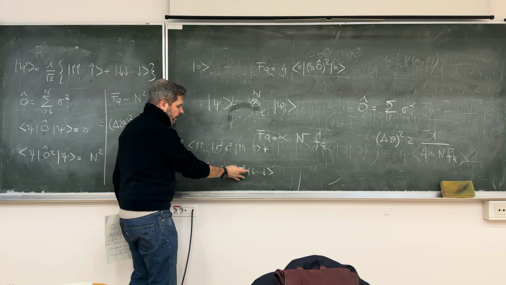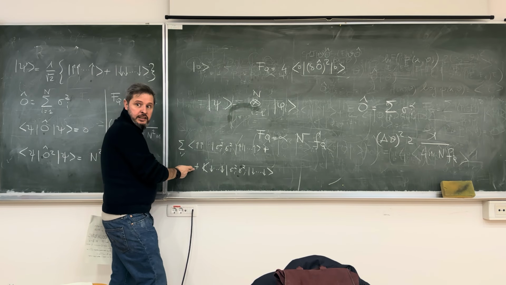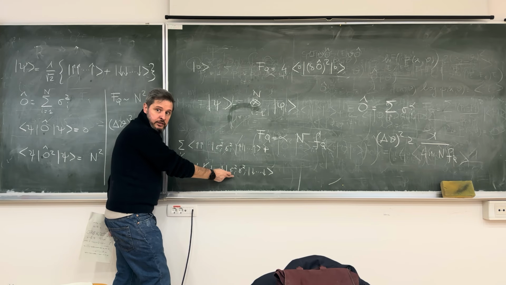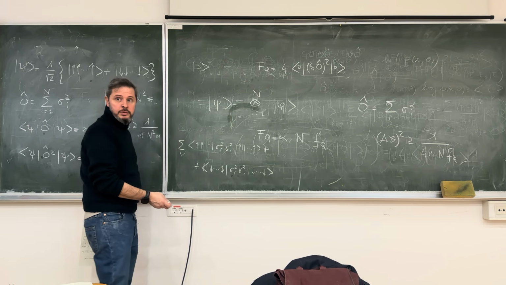Now you see that when I had 1, here I was getting a minus sign. But since here I have 2, I get a plus sign also here. These two sum up. Okay?